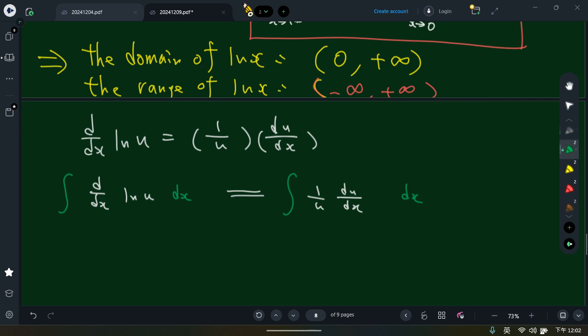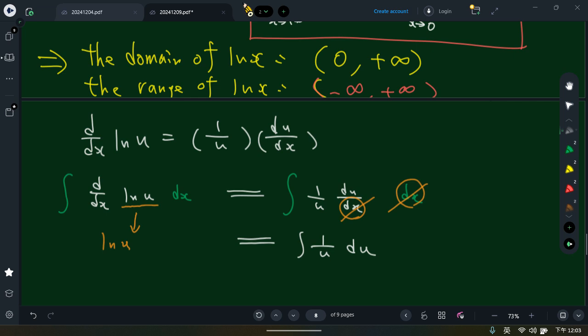So what will happen? For the left hand side, you can see we try to differentiate ln u, then integrate. So that will come out ln u. For the right hand side, you can regard this as differential, so we can just cancel that. So finally we can have 1 over u du from the right hand side.